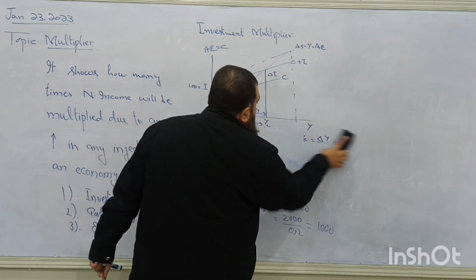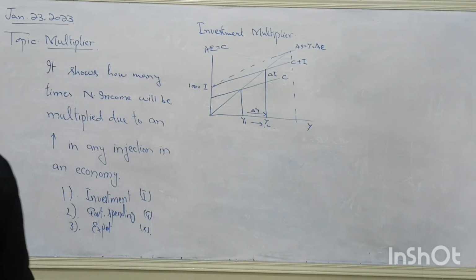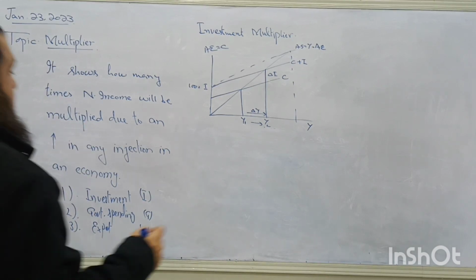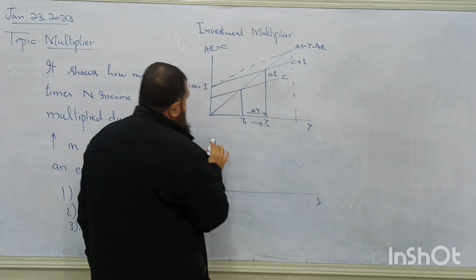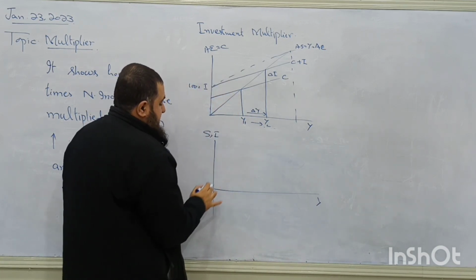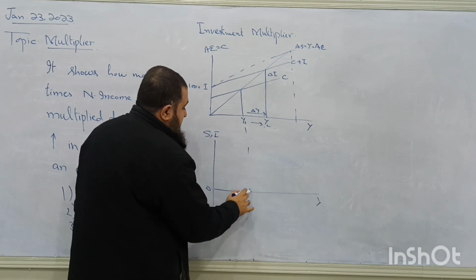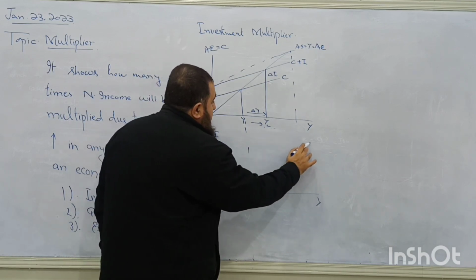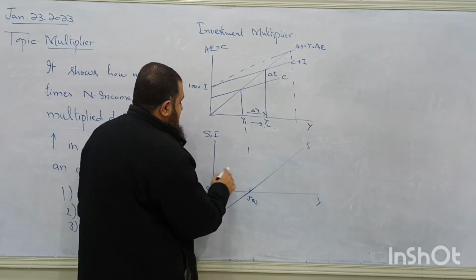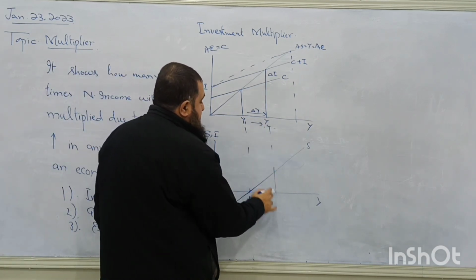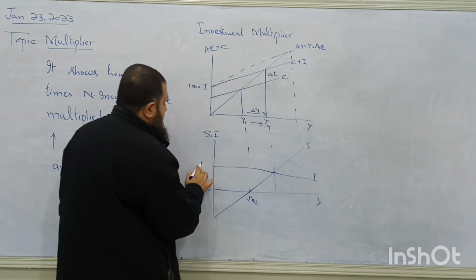Now another diagram we have also drawn in our previous lessons is the saving investment line. Do you remember? This is saving and investment. This is how we see the saving line is 0 over here. This is the income level 500, but now this is the investment line of 100 million.